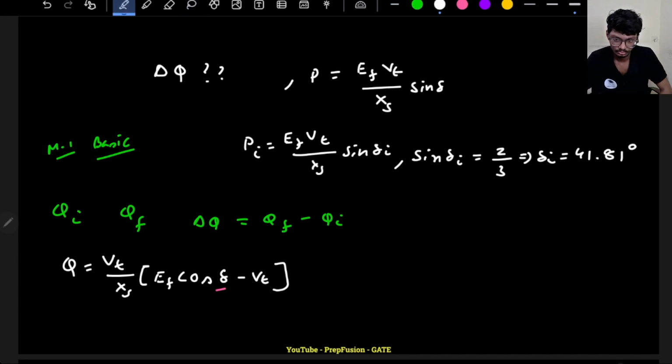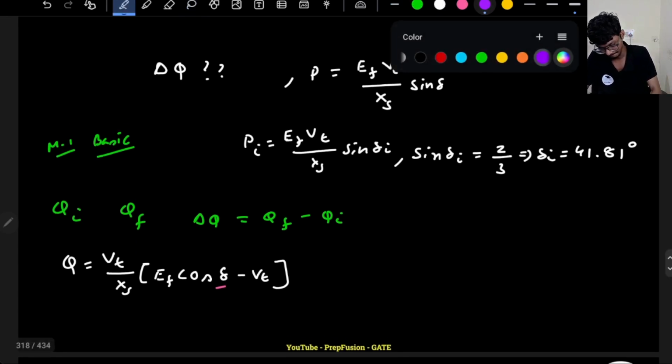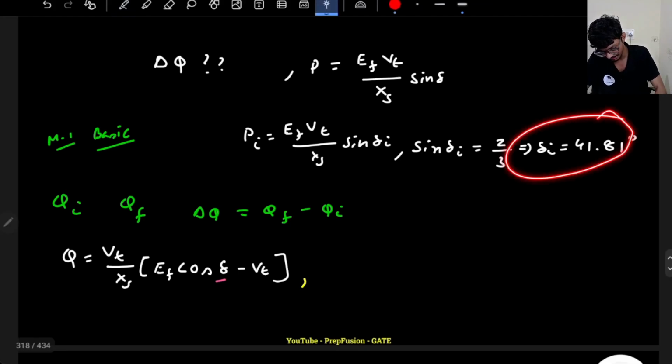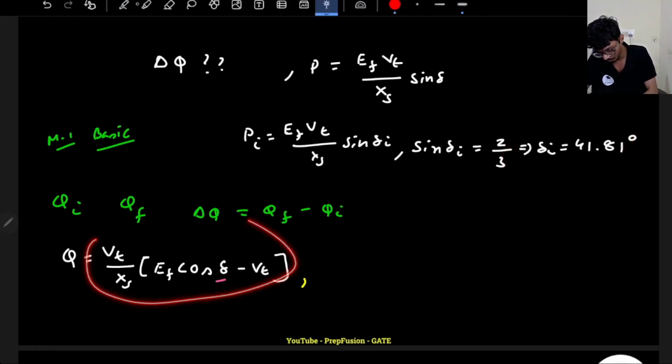So this is my initial delta I, and I will be able to find my QI.